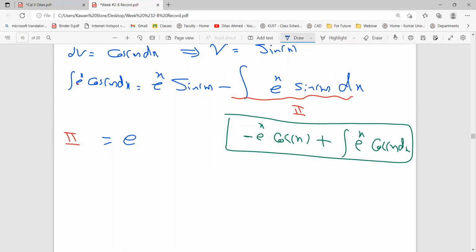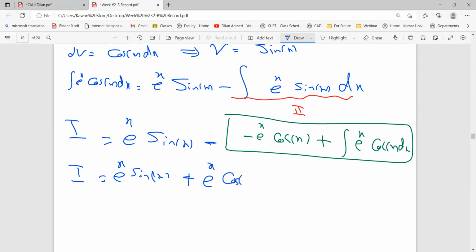So double I equal to e^x sin x minus that one. So I'm going to multiply this by minus. I equal to sin x, minus multiply minus, plus e^x cos x, minus e^x cos x dx.